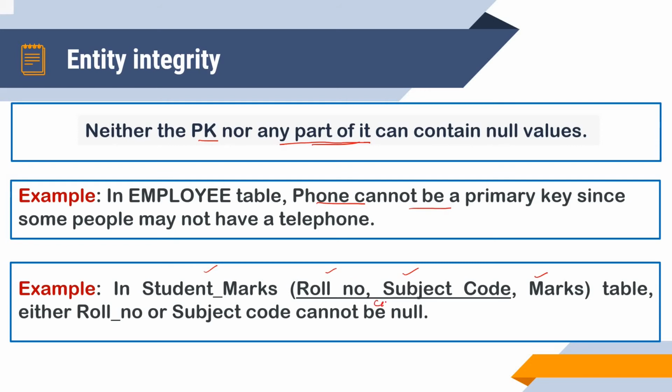So neither of them can be null. Roll number cannot be null, and subject code also cannot be null. Because if one attribute is null, the other attribute alone cannot determine any row. This is called entity integrity.